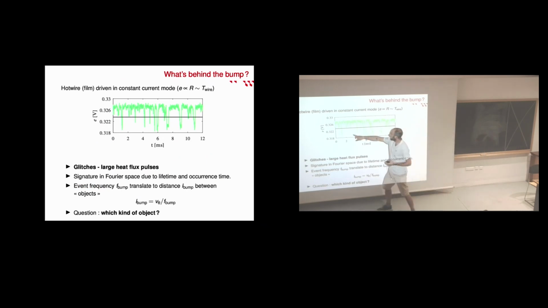So the bump is in fact a signature of those intense cooling events, and of their distance, and more or less a bit also of the lifetime of those pulses. Okay, so the bumps are generated by things that advect temperature very quickly, either advected or detached at the mean velocity of the fluid.